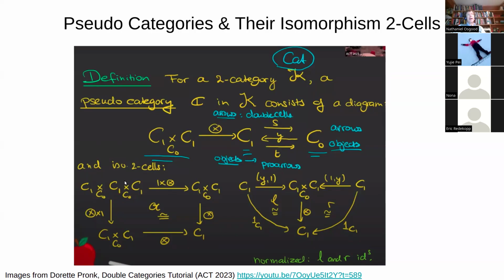It's not exactly on the nose, but sometimes this is strict, and sometimes these are both strict. Sort of a strict double category. Otherwise, I think it's called variously weak or strong, but basically it's not strict. It's not where these equal this.